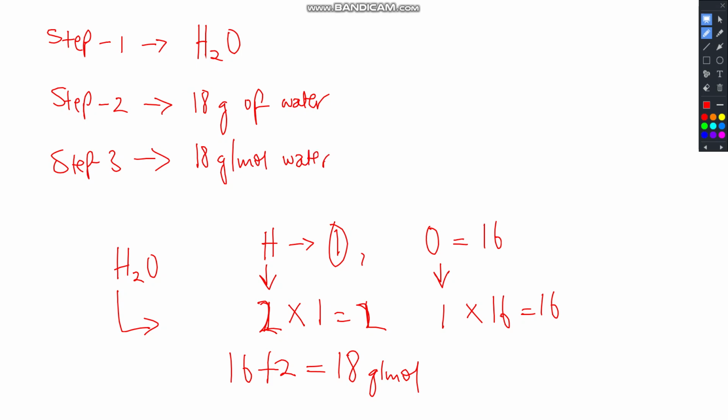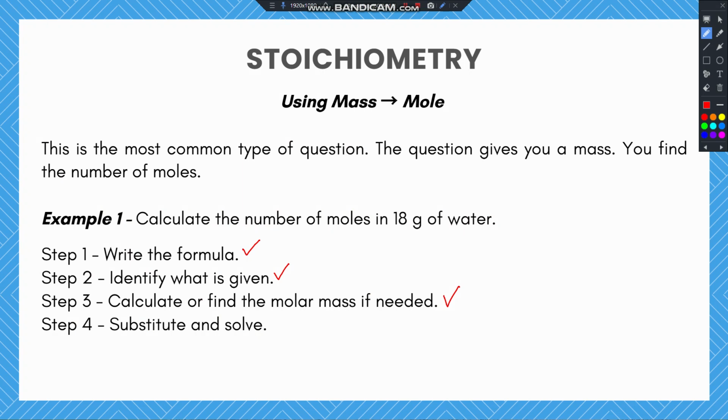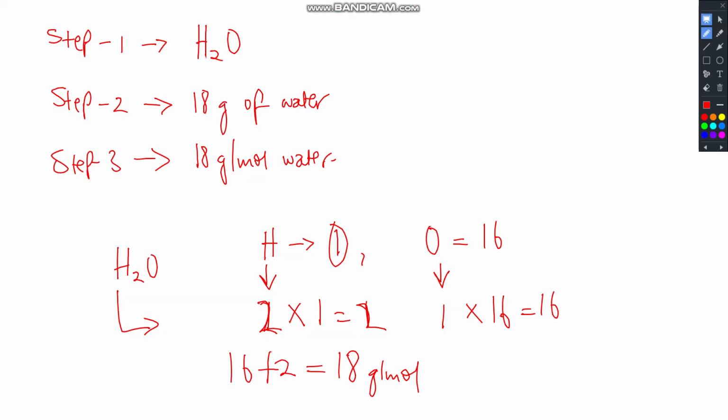That's the molecular mass. So step number 4 says to substitute and solve. The mole formula says n, number of moles, is equal to m, the mass of the substance, divided by M, the molar mass of the substance. So n, the number of moles, is not given.